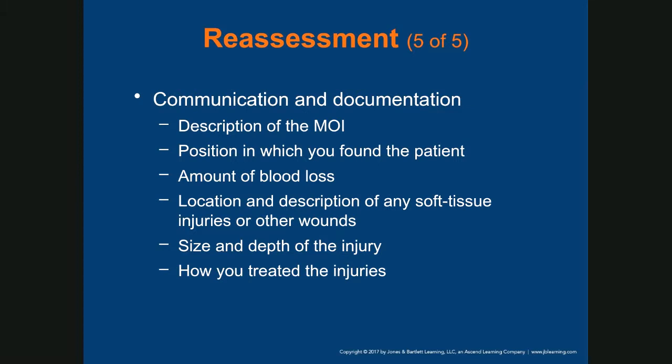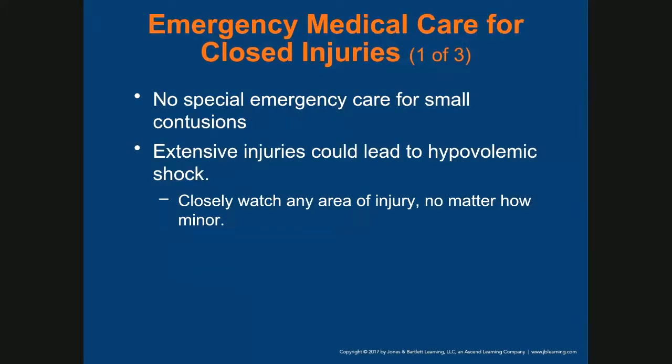Let's look at the emergency medical care now for closed injuries. No special emergency care for small contusions. Extensive injuries could lead to hypovolemic shock. Closely watch the area of injury, no matter how minor. So look out for your discolorations.